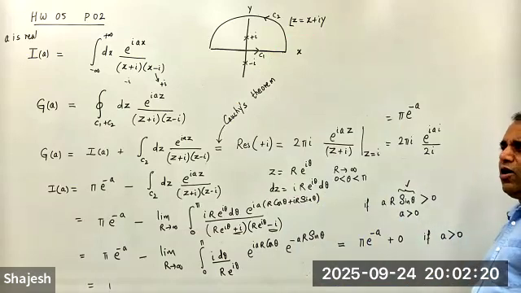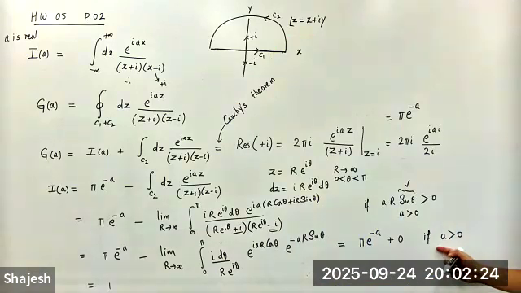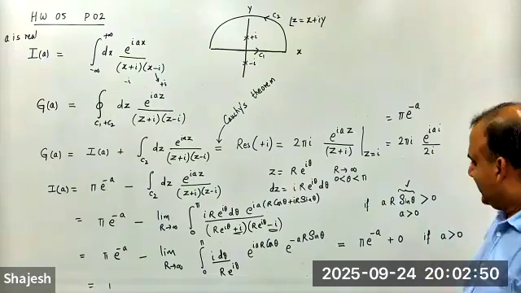Any questions until now? Especially why a is greater than 0, why this answer is valid for a greater than 0? Anyone online? That's very hard, no responses.